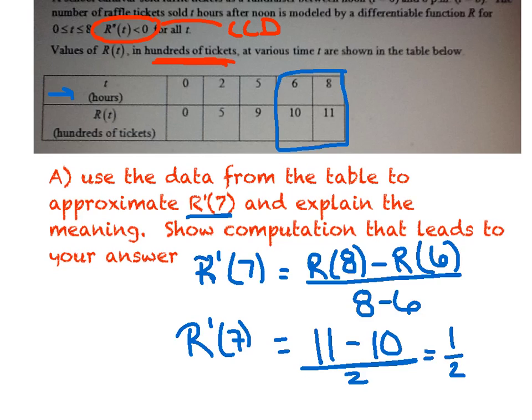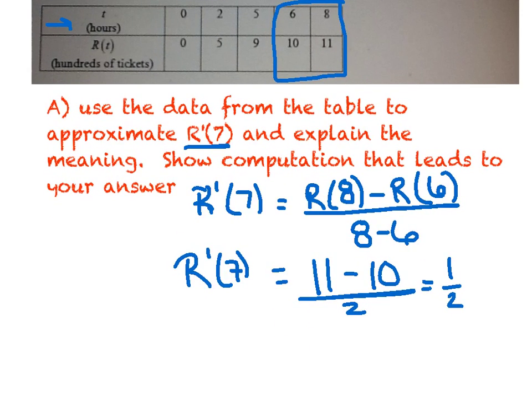I'd get 1/2. Now, we're not going to get any credit until we put some units on there. I called the units dummy proof before, and I'm not trying to insult anyone. It's just really hard to screw up. You're just going to read the table. What I mean by that is I had 11 minus 10, so find 11 and 10 on your table and read the units. It says hundreds of tickets. So that's what I'm going to write down for my units.